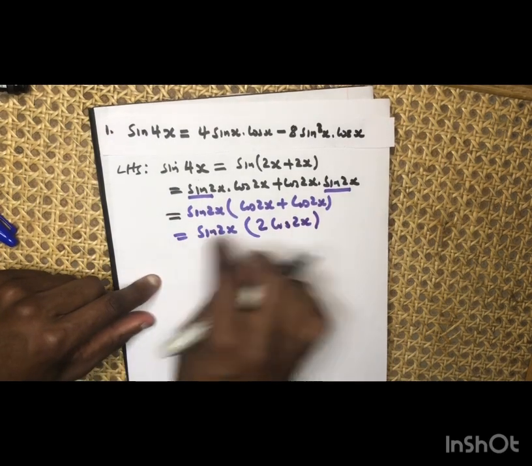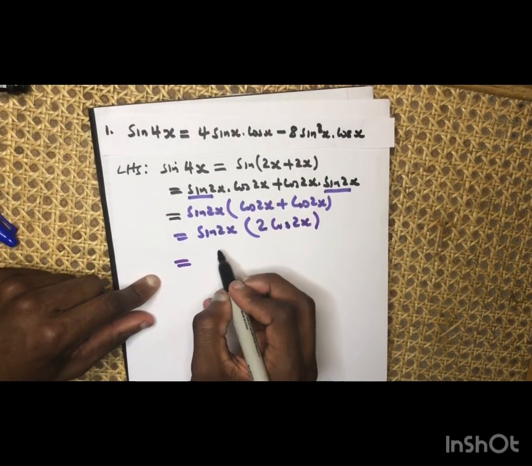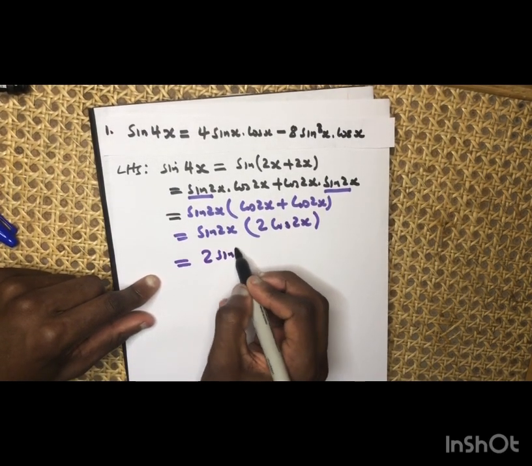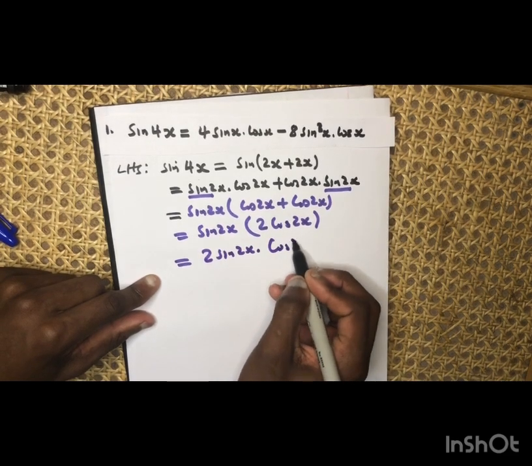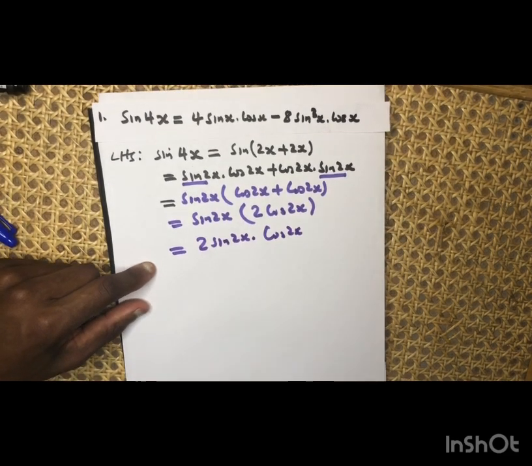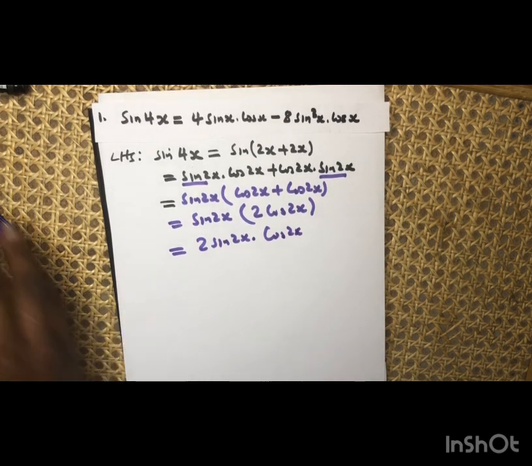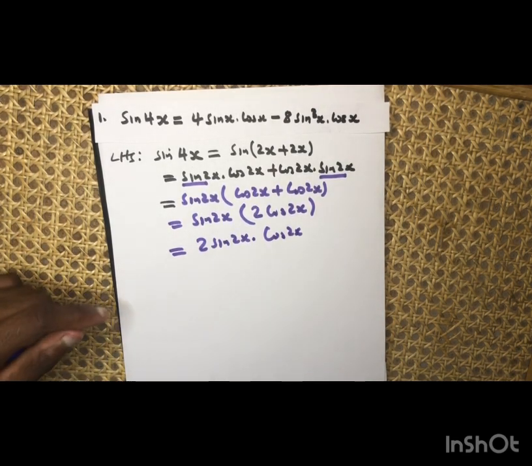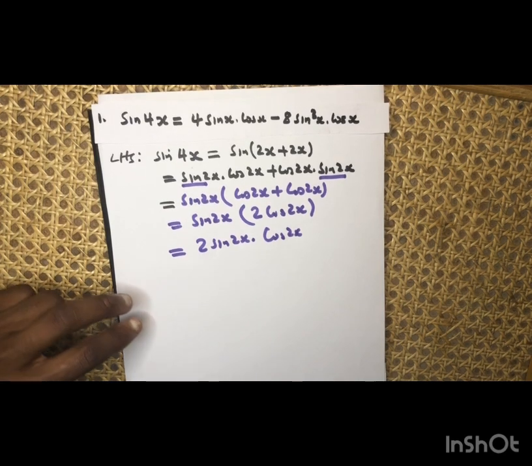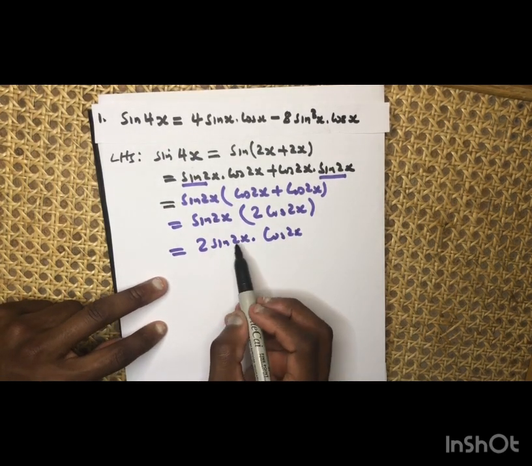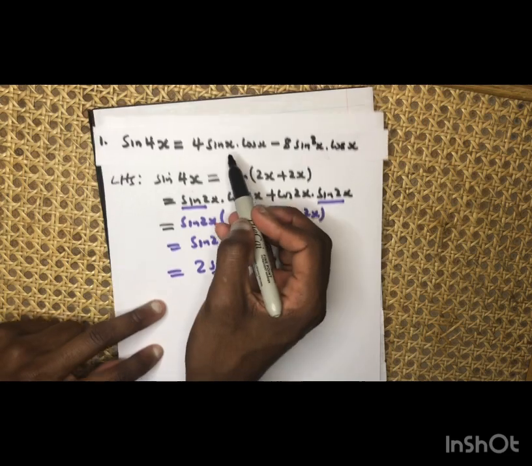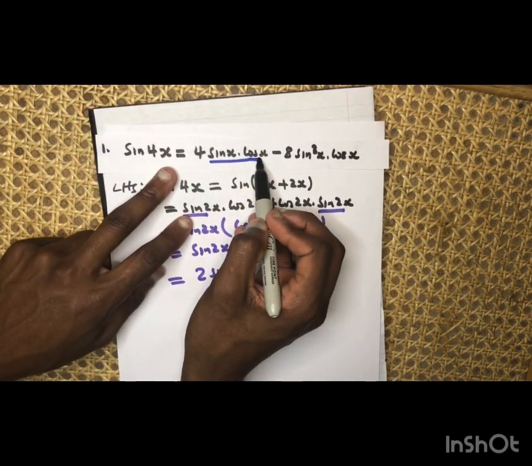Understand? So this is the same as 2 sine 2x cos 2x. Understand? So guys, if I want to do this, I'm going to change this double angle, because this is the double angle also here.